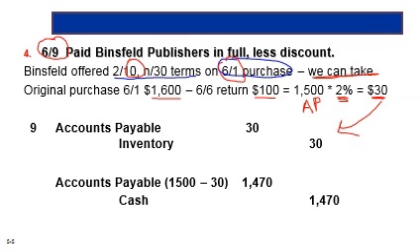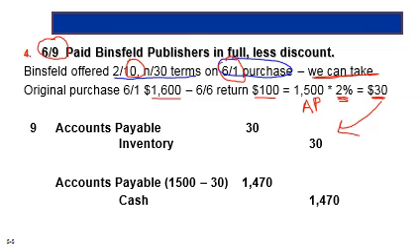Step 1, we're going to reduce accounts payable and reduce inventory, because the rule is that inventory needs to reflect the cost that we paid for inventory. So we're reducing the amount we owe and the value of the inventory.